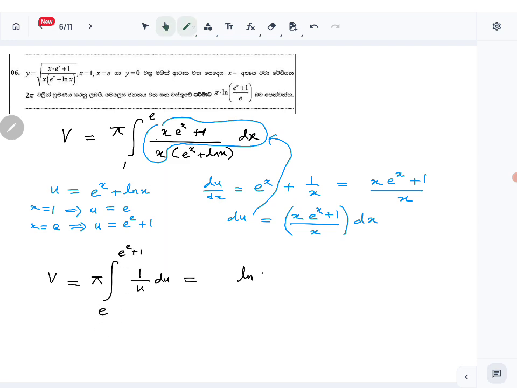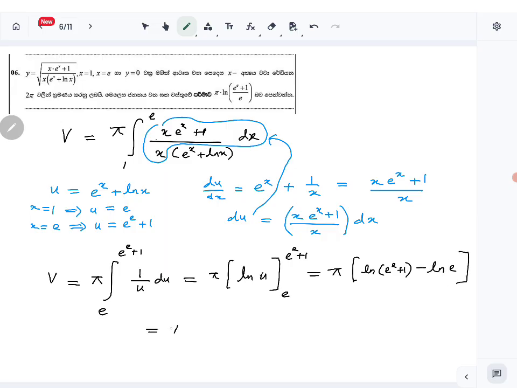So we'll just leave it as ln u and apply the limits. Pi is outside, e to the e plus 1 and e, so you get pi times ln e to the e plus 1 minus ln e.